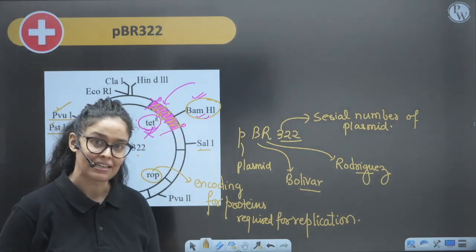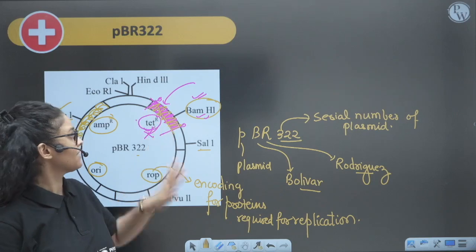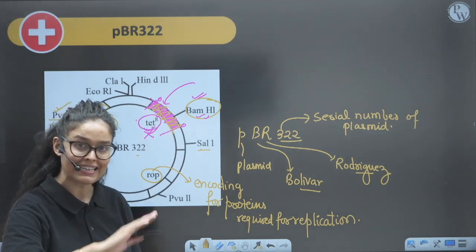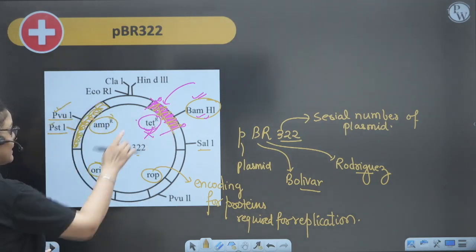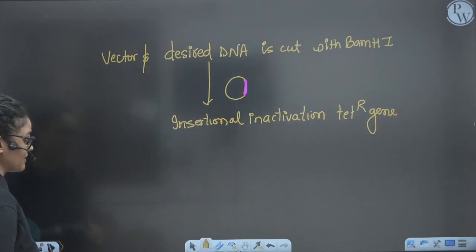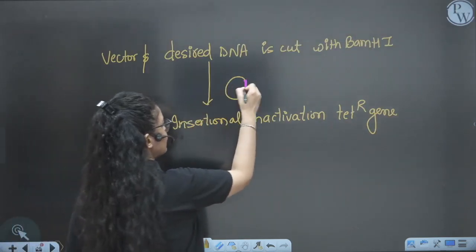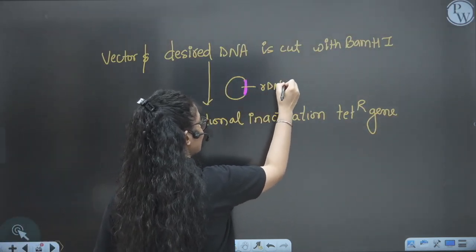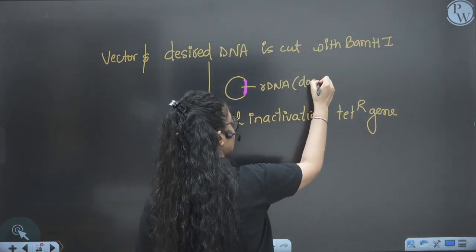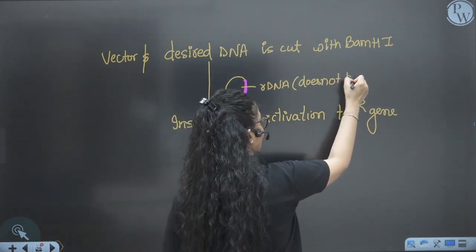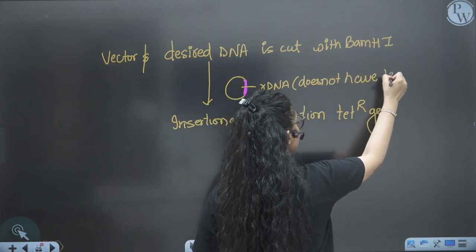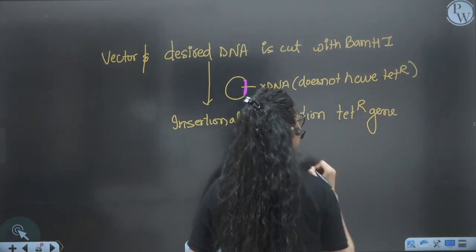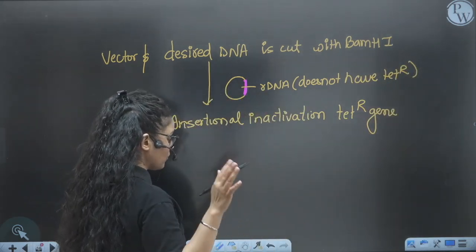It has interrupted it. Sorry, it has inactivated the tetracycline resistance gene. So our recombinant DNA does not have a functional tetracycline resistance gene, right?